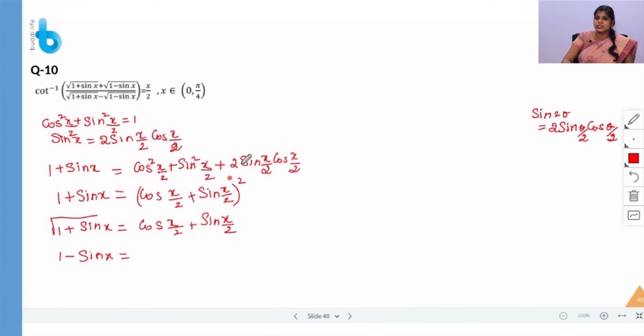So the only change will be, instead of a plus b the whole square, we will have a minus b the whole square, which is cos x by 2 minus sin x by 2. Similarly, what we have done previously, the same thing, but instead of plus we substitute minus. So again you will get the whole square, but if you take square root, this square will get removed.